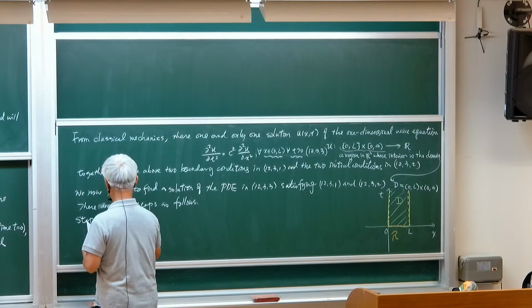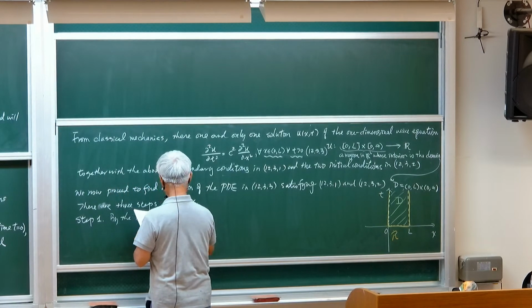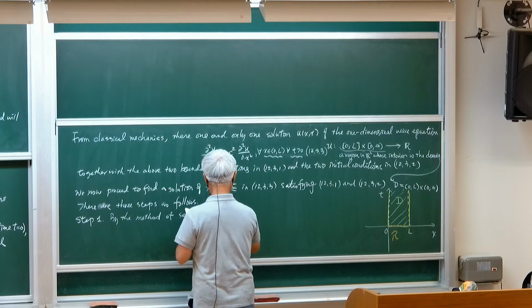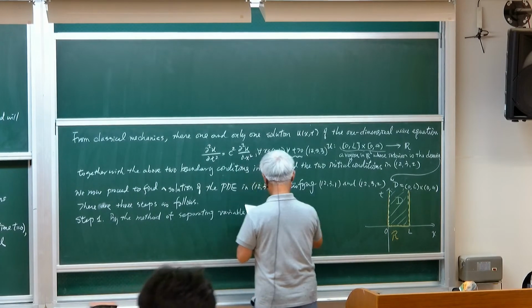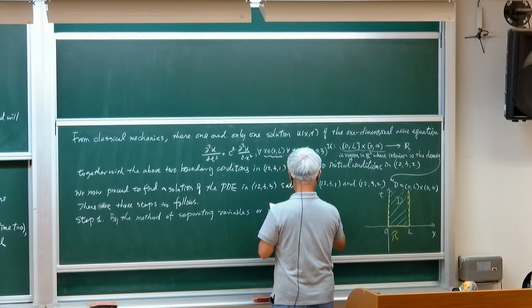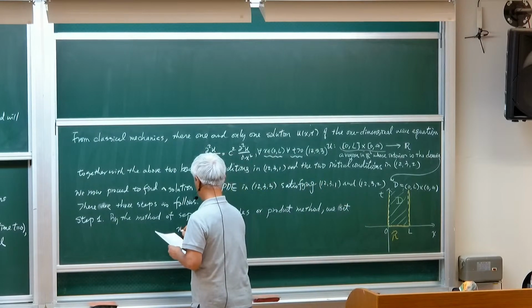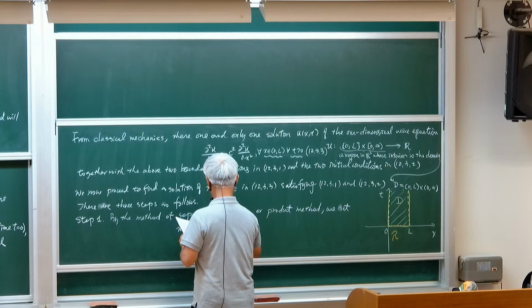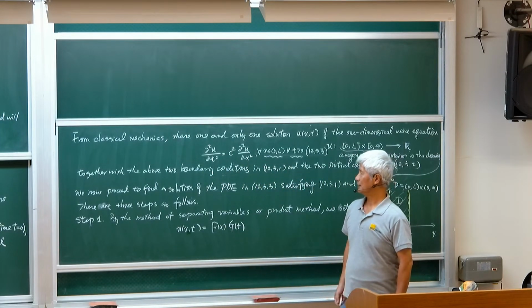By the method of separating variables, or so-called product method, we set u(x,t) equal to f(x) g(t).